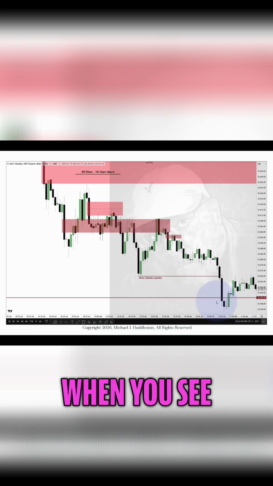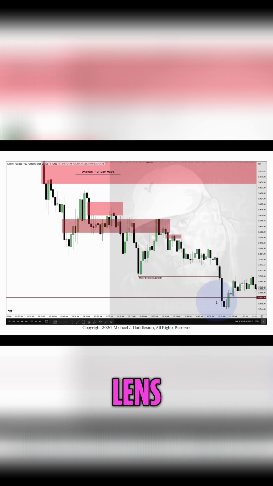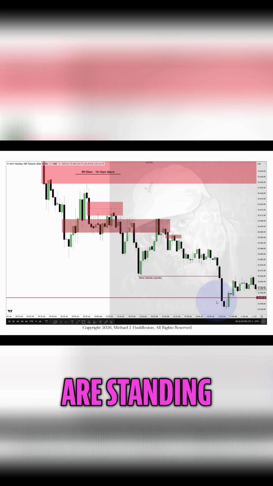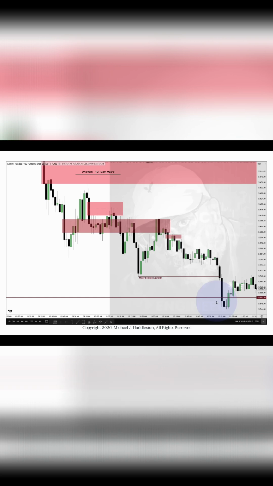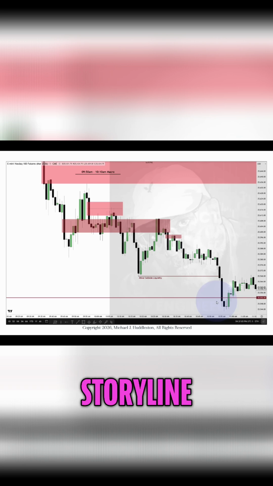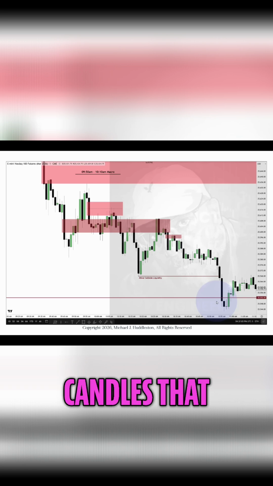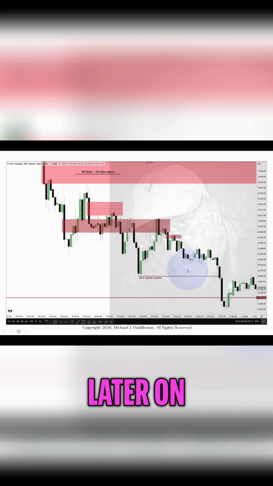When you see price action through this lens of creating a narrative, a plot, why it should do this, why it shouldn't do that, what candles are standing out? They're leading men or leading women candlesticks in the storyline. They're going to have a major role. And the candles that use them later on, like this over here, these are supporting actors.